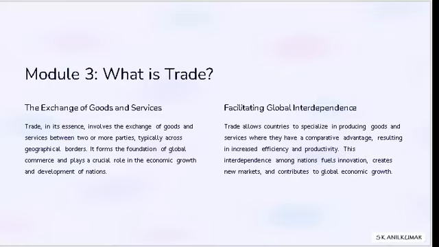What is trade? Trade is the exchange of goods and services. The exporter sends the goods, the importer sends the payment. But in a sense, this exchange of goods or services between two parties can happen only with the help of other agencies like bank, insurance, transport, logistics, warehouse, etc. Typically, across geographical borders, if the trade happens, it is called international trade.